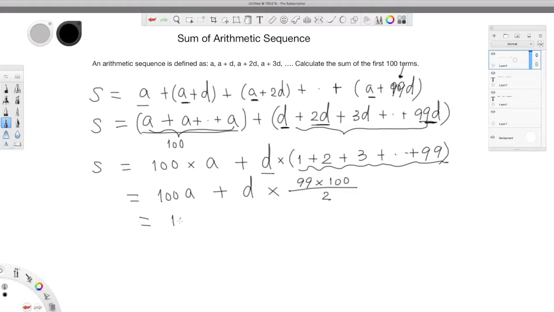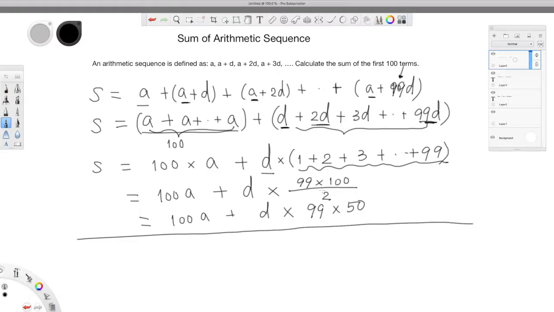So I'm going to write down 100A plus D times 99 times 50, because 100 divided by 2 is 50. And we use the fact that 1 plus 2 plus 3 plus 4 plus all the way to 99 equals 99 times 100 divided by 2.